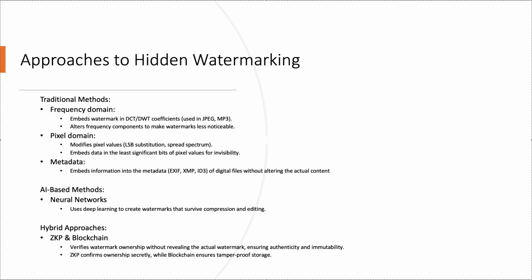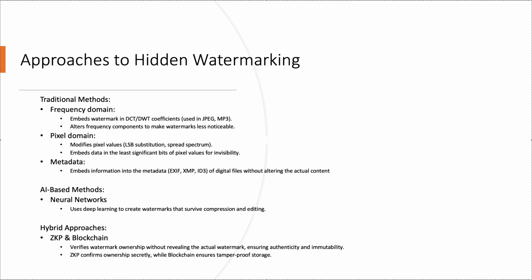Then, when you combine this with blockchain, you get an immutable, tamper-proof record of watermark ownership stored across a distributed ledger. No single entity can alter this record. This approach is gaining traction in high-value digital art markets, NFTs being a prime example, where proving authentic ownership and provenance is absolutely critical.